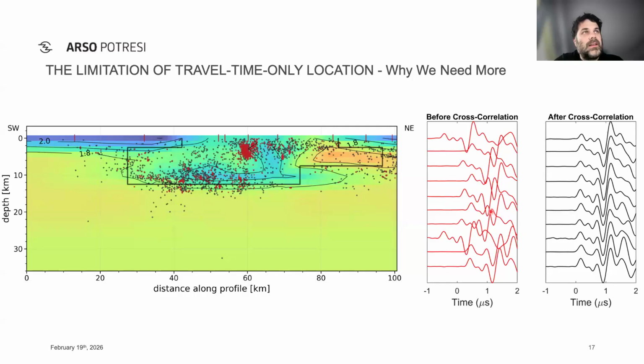And then, for slightly going from absolute locations to relative locations, we can use the cross correlation of the waveforms. You can see here, these are hand-picked waveforms on the P arrival, and you see they do not look very similar. But if we cross correlate them, we can see that they stack completely well, so they all look the same. And this is the information that we can use in the location of the earthquake later.